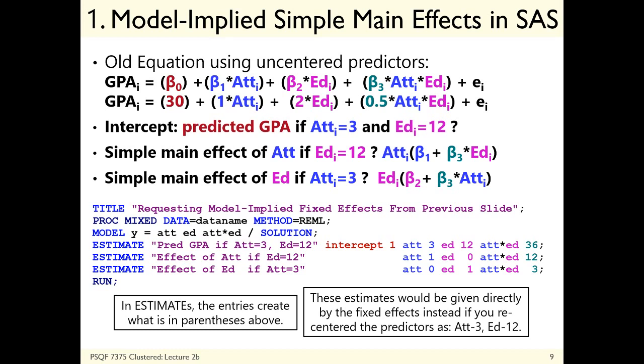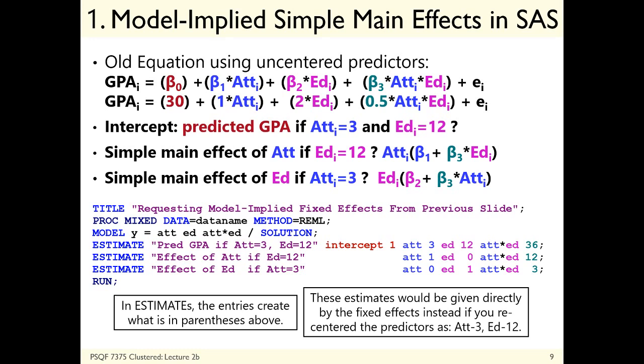So if I want to know, back to my original uncentered equation here, what would the predicted GPA be for a different reference point from the model? Rather than attitude and education equals 0, what would it be if they were this? Well, each of these words refers to its corresponding beta. So when I say intercept 1, what I'm actually saying is, well, I got to start with 1 beta 0.